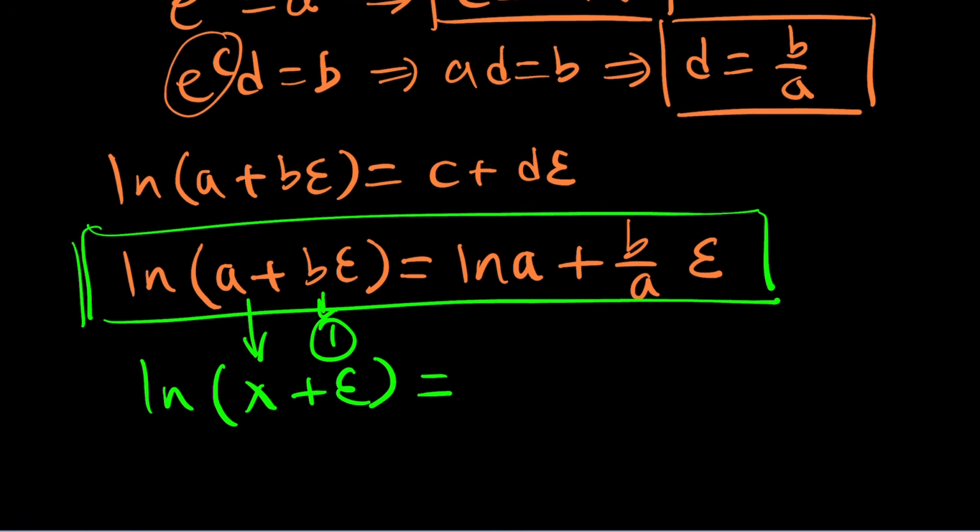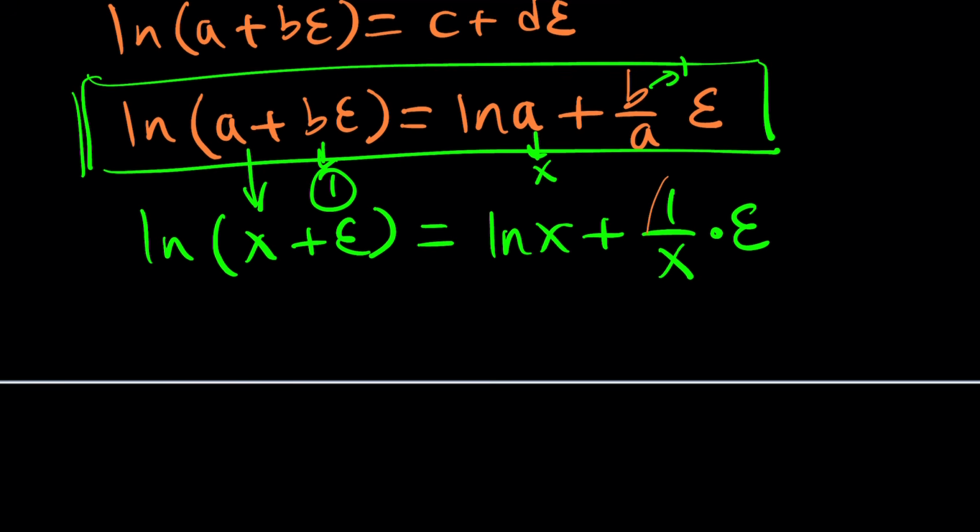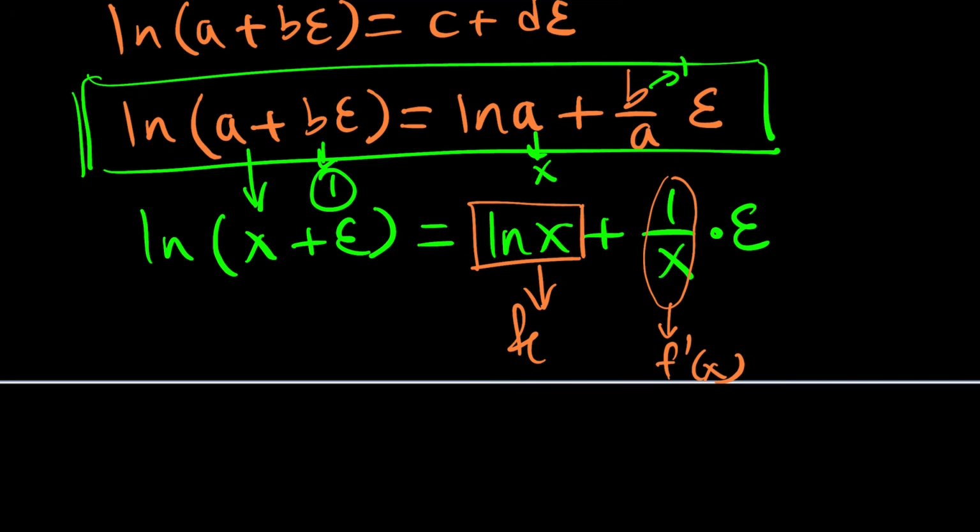So if you replace a with x and b with 1, you're going to get ln x plus 1 over x epsilon. And one more time, ta-da, the beautiful, magical formula works. This is ln x, and this is the derivative of ln x. One more time, it gave us the function and its derivative.